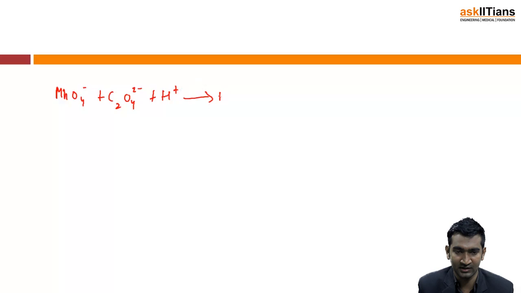So if I write this equation as MnO4 negative plus C2O4 2 negative plus H plus, this gives me Mn2 plus, CO2 plus H2O.